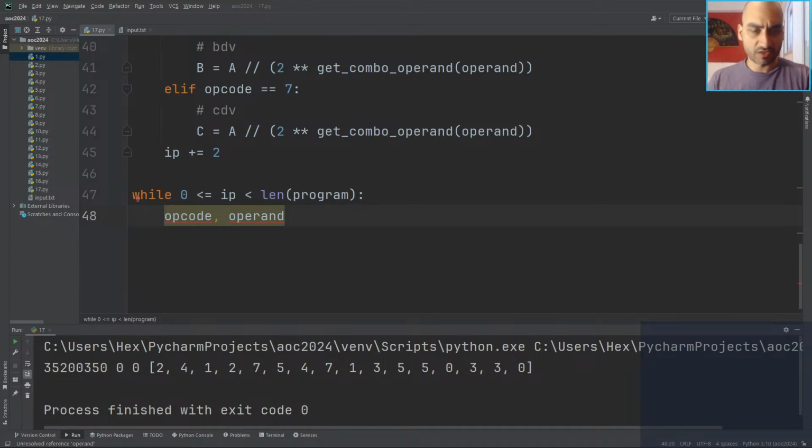So would we ever have the situation where it's pointing at the last thing, in which case it would be invalid because there would be no operand?